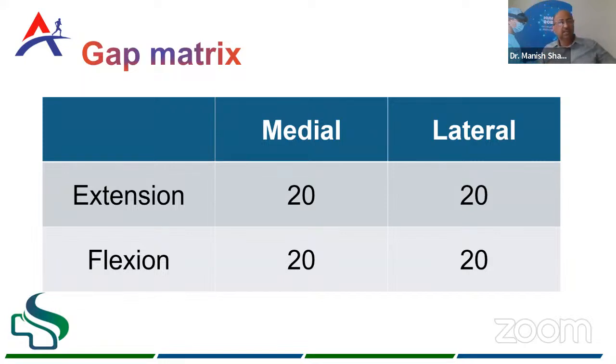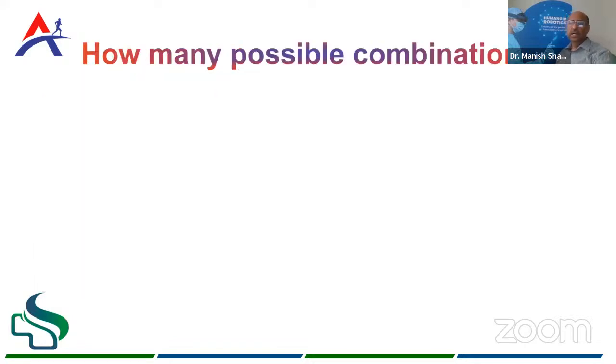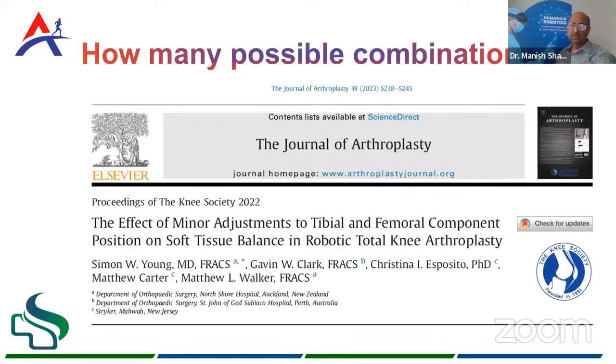Gap matrix, or measurement of the gap in extension and flexion, both medially and laterally. How many possible combinations can be achieved? This is a paper worth reading, and I would strongly recommend that everyone goes through this.